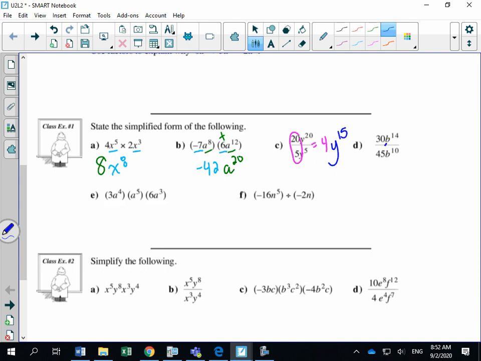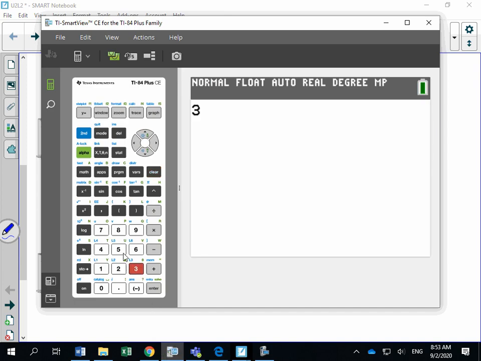Okay, this question here, 30 divided by 45. They want that simplified. So you always give your answer in simplified or lowest form. So it's 30 divided by 45.